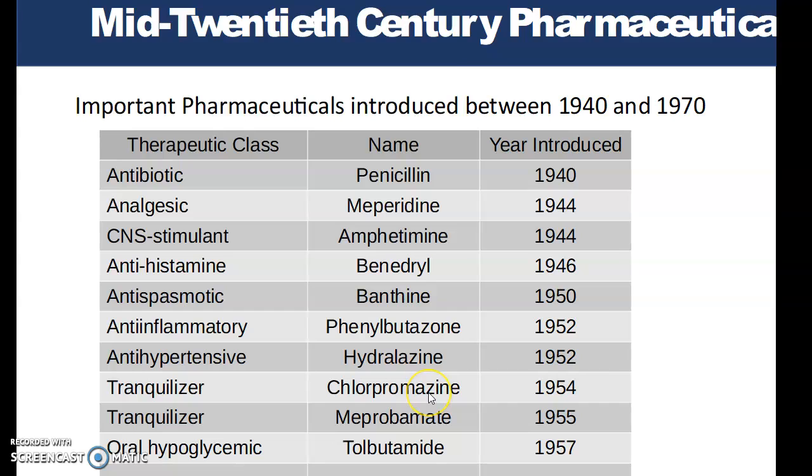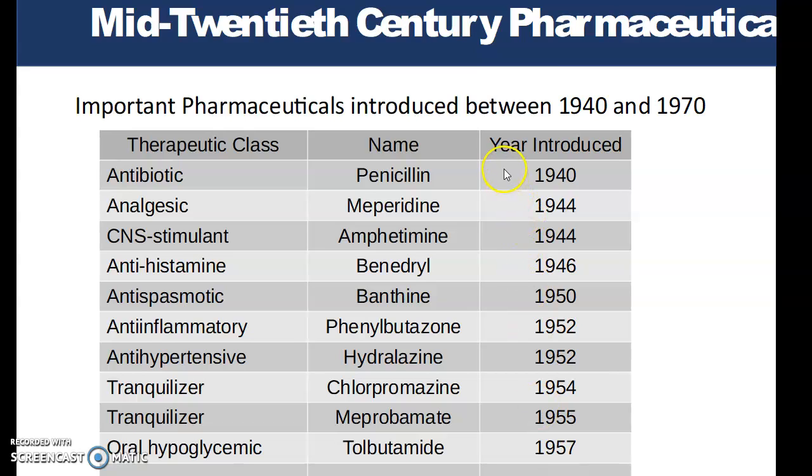Chlorpromazine as a tranquilizer in 1954, and meprobamate in 1955, and something to start controlling type 2 diabetes, an oral hypoglycemic, was tolbutamide, and that was in 1957.